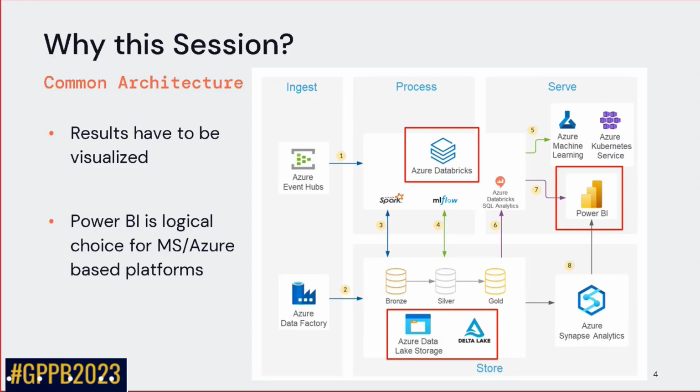I guess that's something you probably already came across in your organization, that all the data that you're processing in your platform at some point has to be visualized. It can be common data warehouse and BI reports, but can also be visualizations for the output of your machine learning models, for example, or analytics.